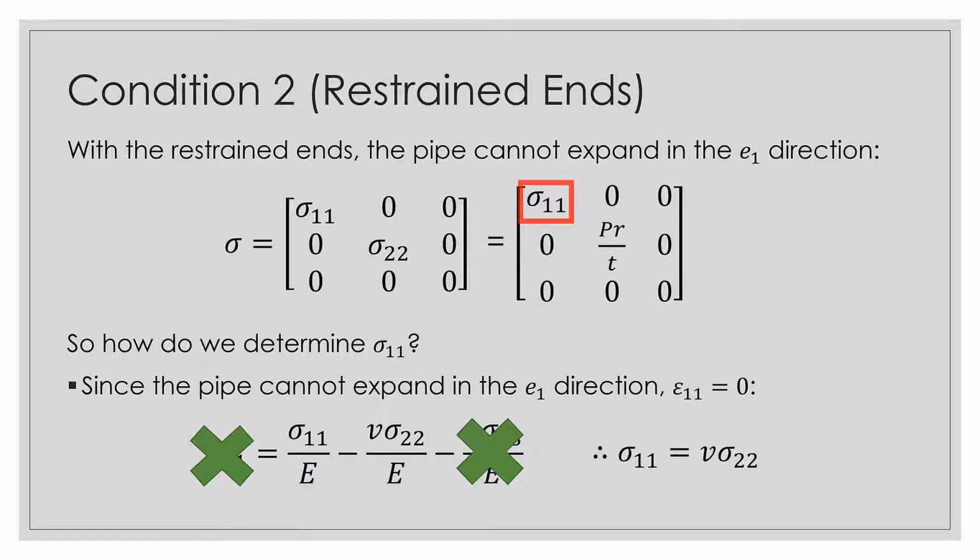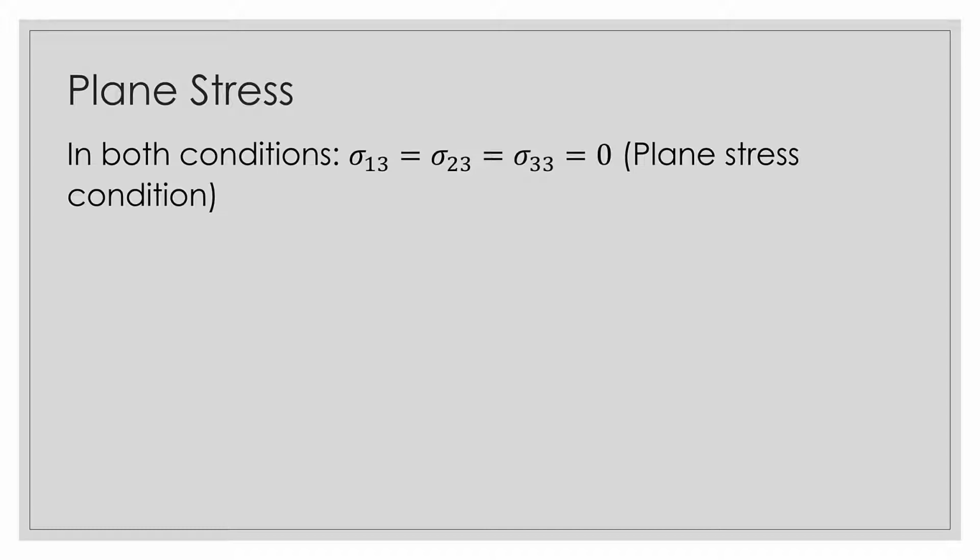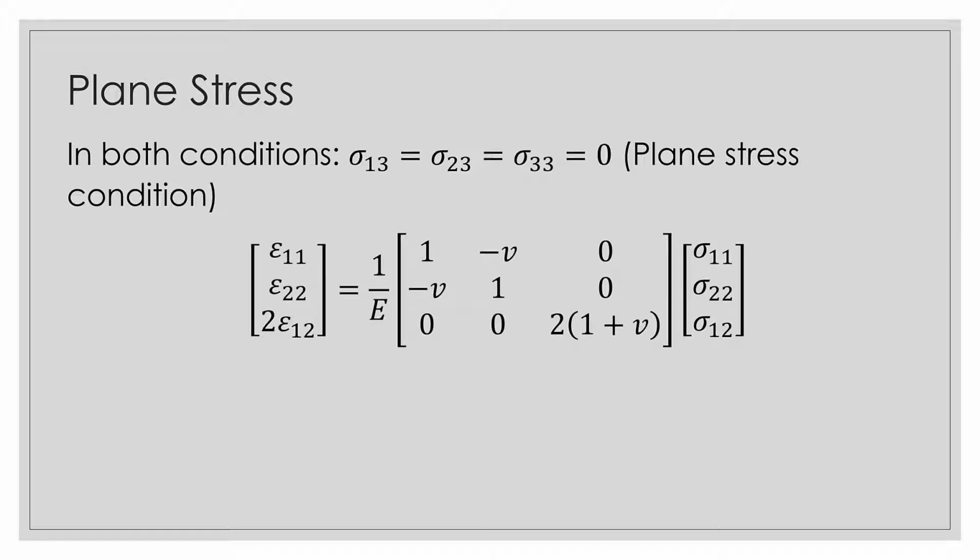Now, the pipes are a linear elastic isotropic material, and if we know all the stresses, then we can go to that nice 6x6 matrix for linear elastic isotropic materials. However, we can actually save ourselves some time, because if we remember that under both of these conditions, sigma 1,3 is equal to sigma 2,3, which is equal to sigma 3,3, which is 0. And you guys may remember, well, this is plane stress. And under plane stress, we can find the strains using a simpler 3x3 matrix instead of going to the giant 6x6, where epsilon 1,1, epsilon 2,2, and 2 times epsilon 1,2 can be found using the following relationship.